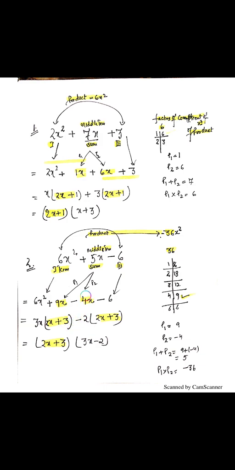Now from minus 4x minus 6, minus 2 is common, so 2x plus 3 in the bracket. Now from these two terms 2x plus 3 is common, so take 2x plus 3 common. What are the remaining terms? 3x minus 2. It means the factors of 6x square plus 5x minus 6 are 2x plus 3 into 3x minus 2.